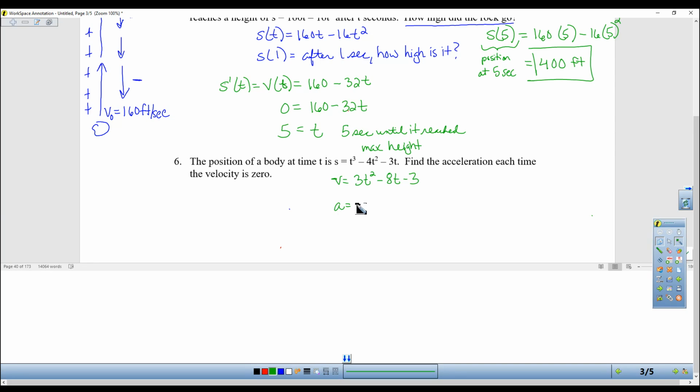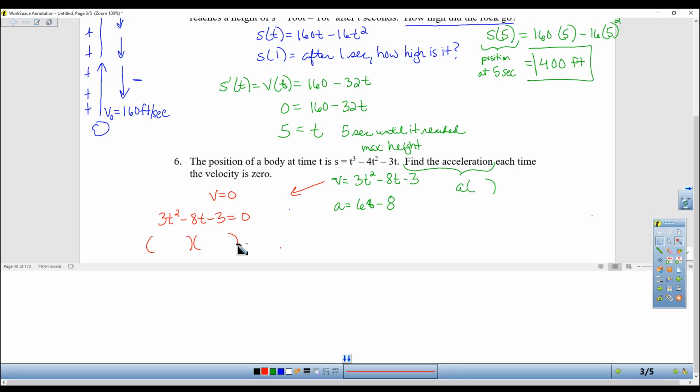Acceleration is 6t minus 8. The question says, find the acceleration. So as soon as I see this, I know I'm going to be plugging into the acceleration of something. Each time the velocity is 0. So when is the velocity equal to 0? When 3t squared minus 8t minus 3 is equal to 0.